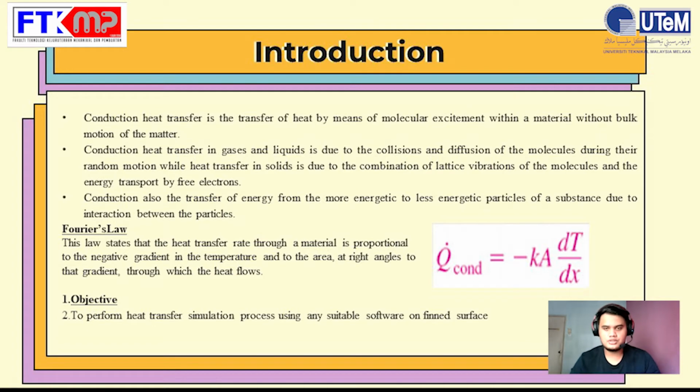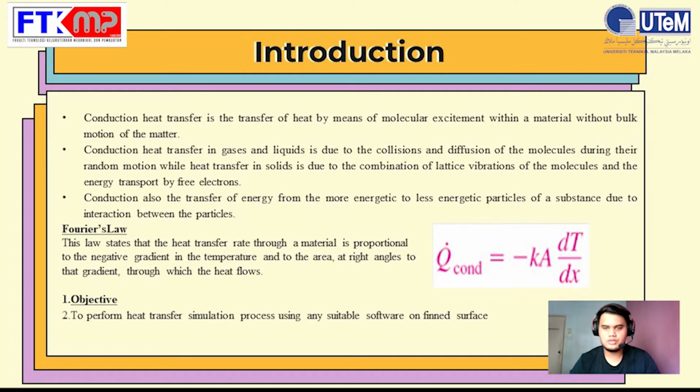In addition, conduction heat transfer uses Fourier's law. Fourier's law states that the heat transfer rate through a material is proportional to the negative gradient in the temperature and to the area, at right angles to that gradient, through which the heat flows.